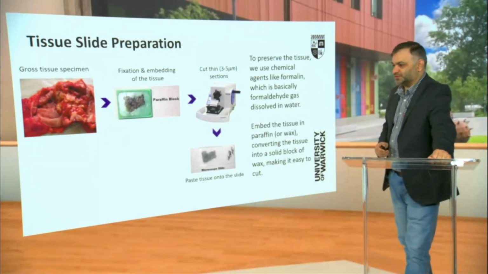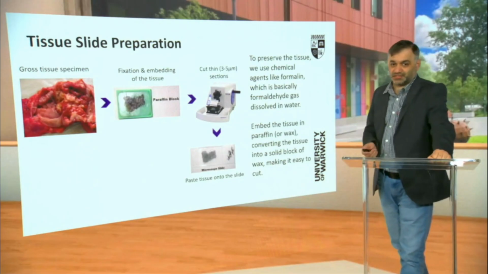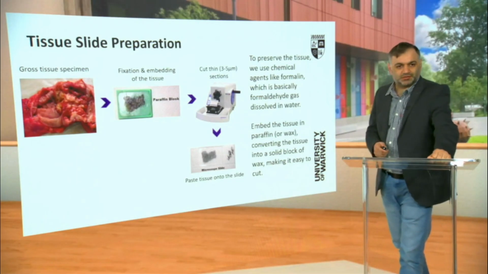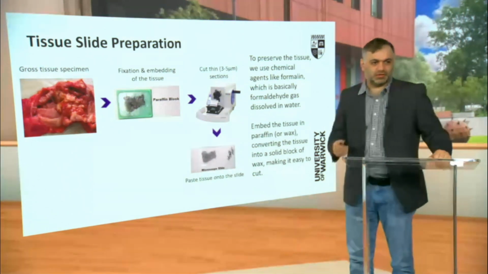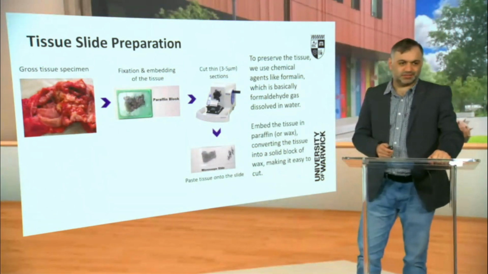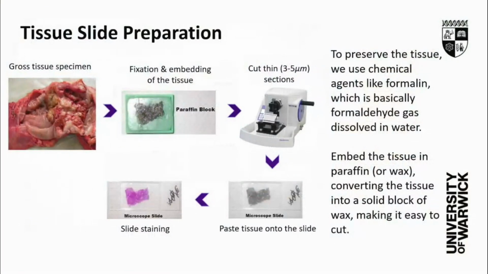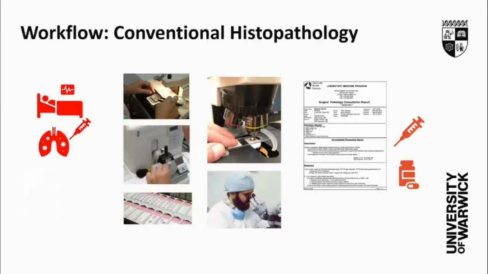These tissue sections are then transferred onto a glass slide, which is usually transparent. So there is no color for this tissue specimen at this stage. The pathologists then apply some dyes to visualize the structures in the tissue, and these slides are then analyzed under the microscope for examination and for the diagnosis of the disease.